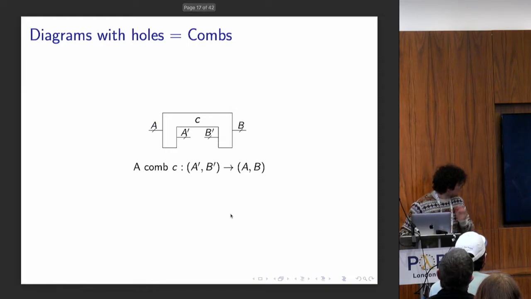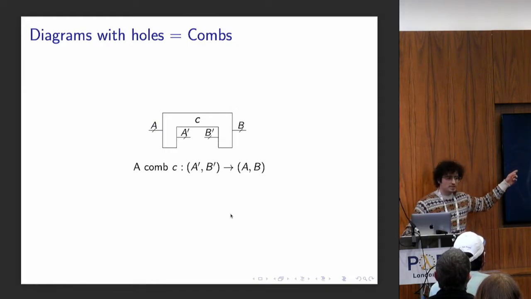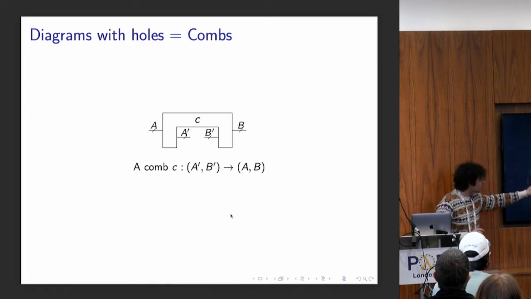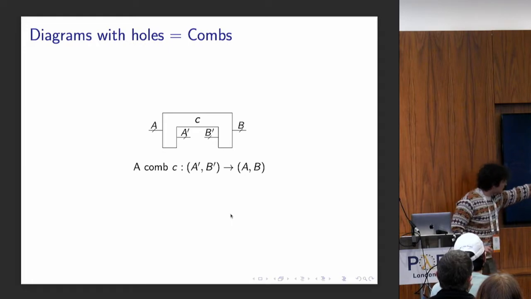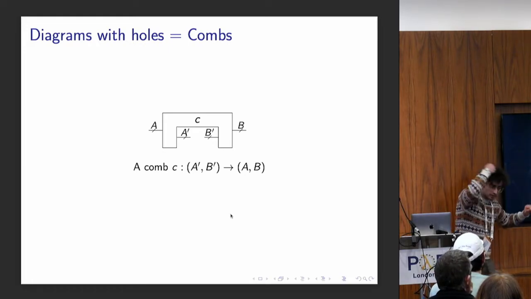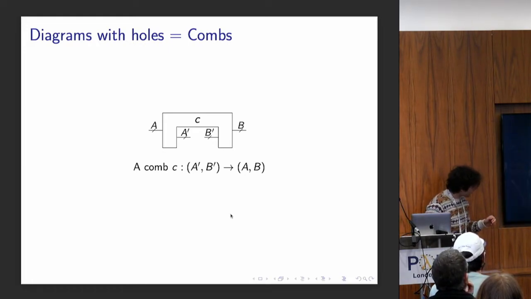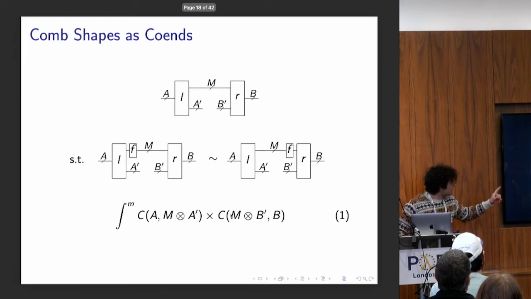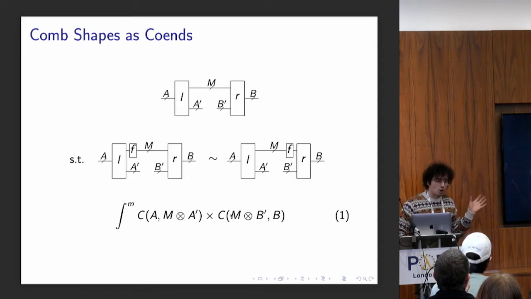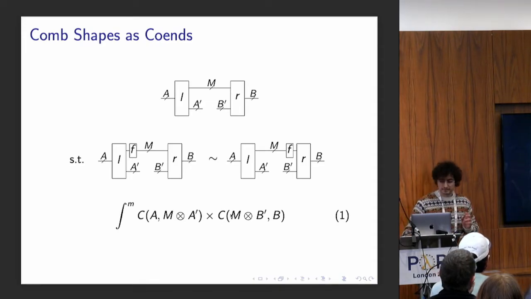Okay, so have people seen this diagram before? No? Okay, so this is a diagram with a hole punched out, basically. We call them combs because you can have as many holes as you want and they kind of look like combs. So I'm going to be using these things. These things are also the shapes of something called a coend, but I'm not going to go into that.